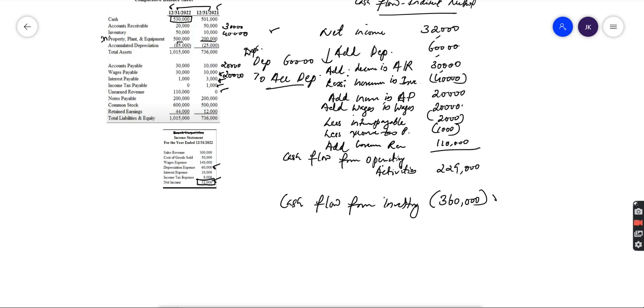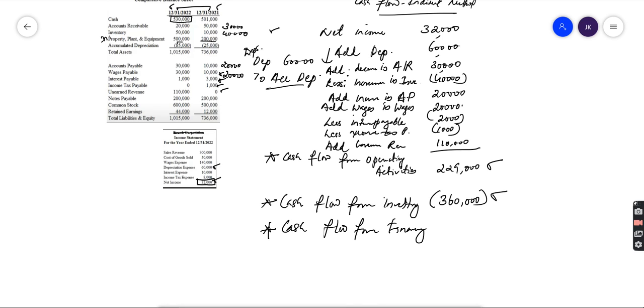So this is a minus, this is a plus. Fine. We'll see cash flow from financing. This is the third section that we are going to see. This is the first one, this is the second one, this is the third one.